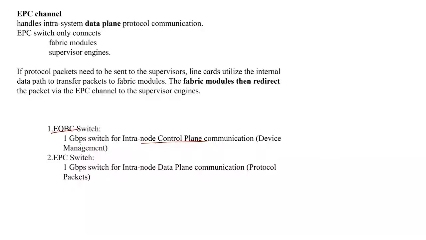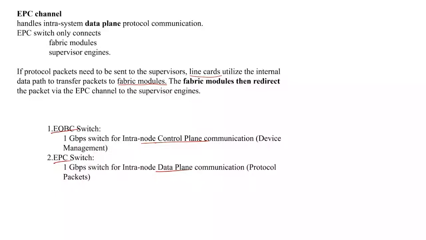Then the EPC, again a small circuit chip present on the system controller, facilitates the data plane communication of protocol packets. For the protocol packets, the line cards use the fabric modules. The fabric modules then send the packet via the EPC to the supervisor engine.